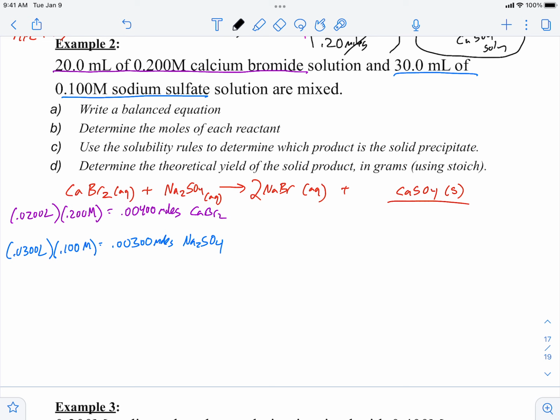Determine the theoretical yield of the solid product in grams. All right, so the solid product is calcium sulfate. That is what I should be solving for. So we're going to need mole ratios set up here for both of these reactants. Okay, so the numerator is my solid. My denominator here, I need to cancel calcium bromide.